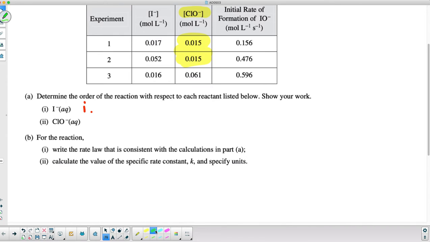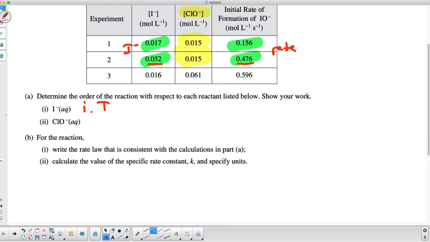So we're going to use these two experiments here. This is the rate, and here is my I minus concentration. I typically put the larger number on top, and for both of these, that's experiment number 2.